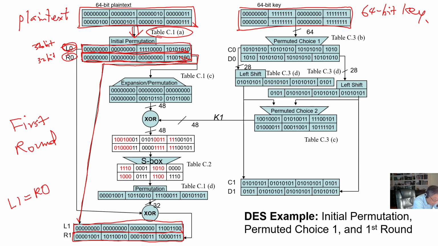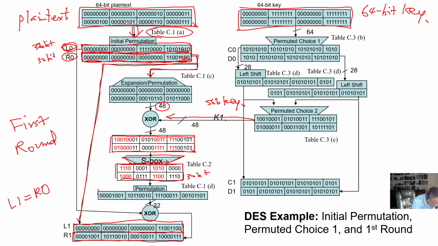You start from R0 and pass it through the F function: expansion permutation expands it to 48 bits, then mix in the subkey K1 from the key side, generating a 48-bit output, which passes through the S-boxes and is reduced back to 32 bits.